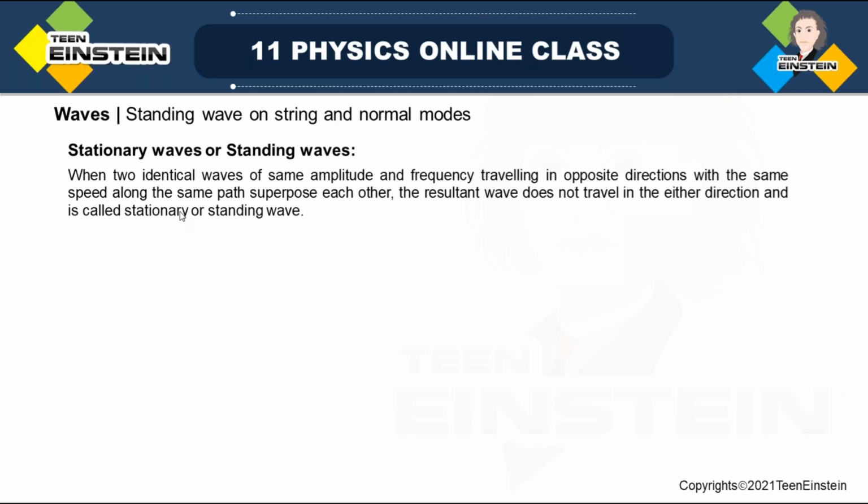When two identical waves of same amplitude and frequency, traveling in opposite directions with the same speed along the same path, superpose each other, the resultant wave is called the standing wave, because that wave does not travel on either side in the medium. We have seen nodes and antinodes.